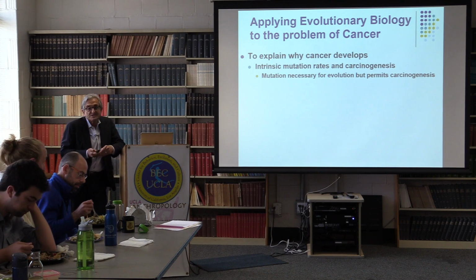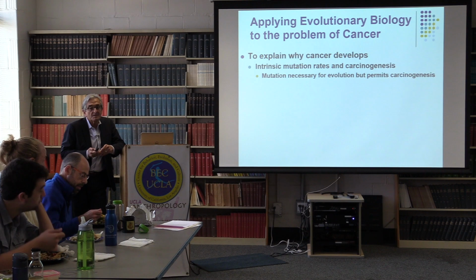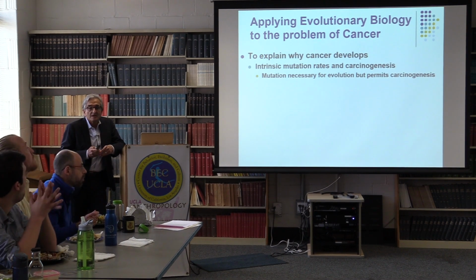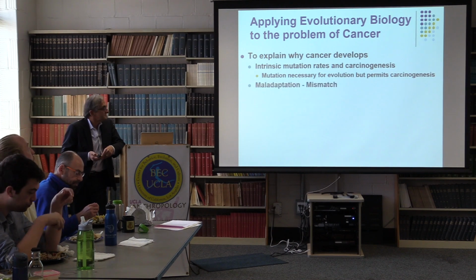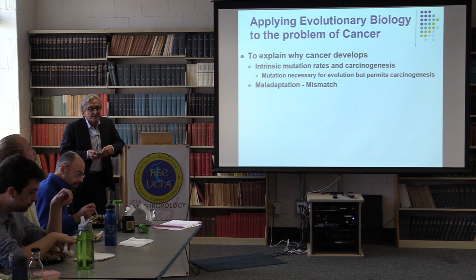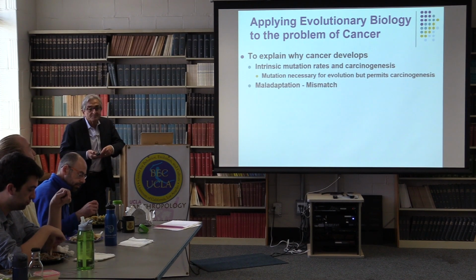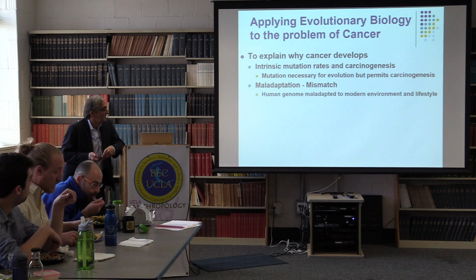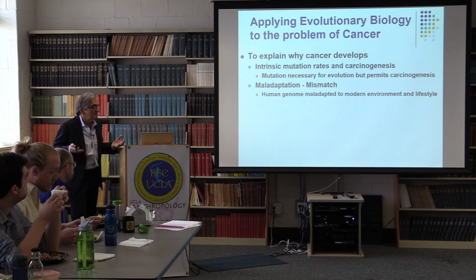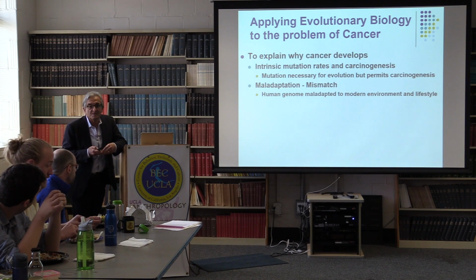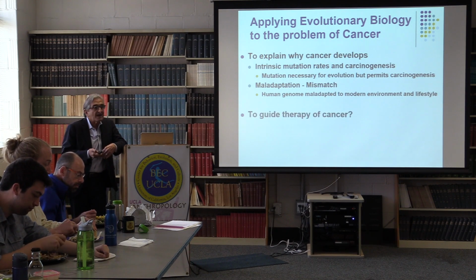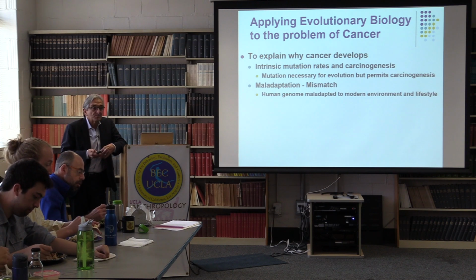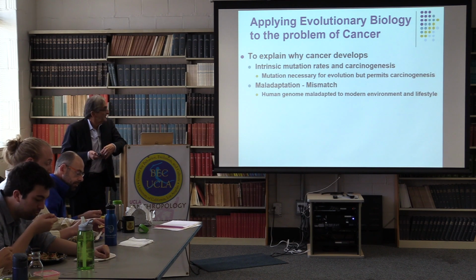So there's an intrinsic risk of carcinogenesis in a multicellular organism that seeks to be able to adapt and evolve. A great deal has been written, of course, about the maladaptation or mismatch issue, where our genome is adapted to perhaps a very different sort of environment and lifestyle than the one in which we're now living. And the result of that is a preponderance of cancer.